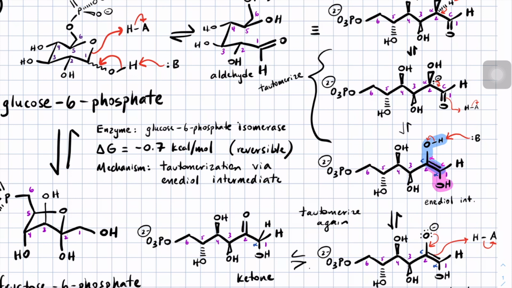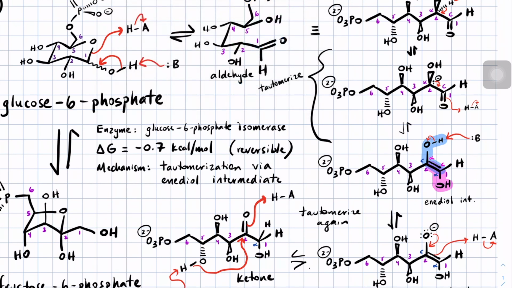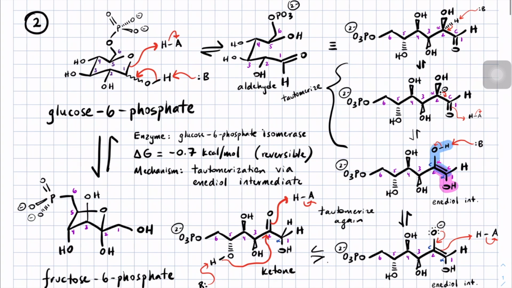And now closing up to the 5-membered ring hemiacetal is as simple as having a base remove a proton from the C5 hydroxyl group and then have that attack the carbonyl carbon. At the same time, we protonate on the carbonyl oxygen, and that will get us to our fructose 6-phosphate intermediate.